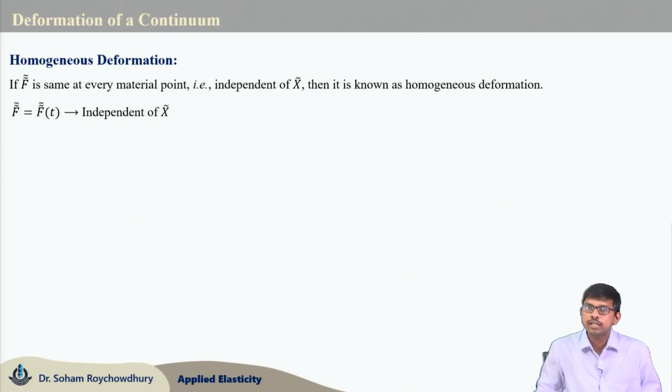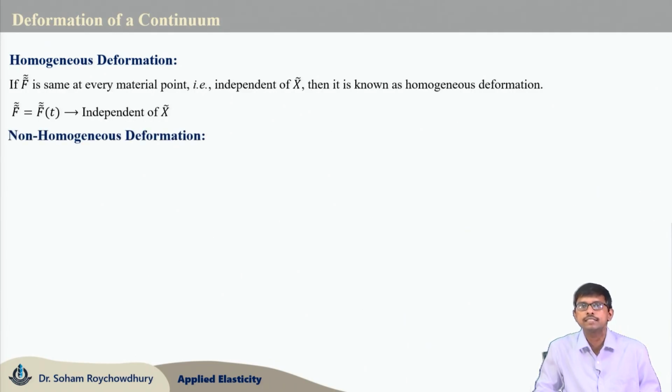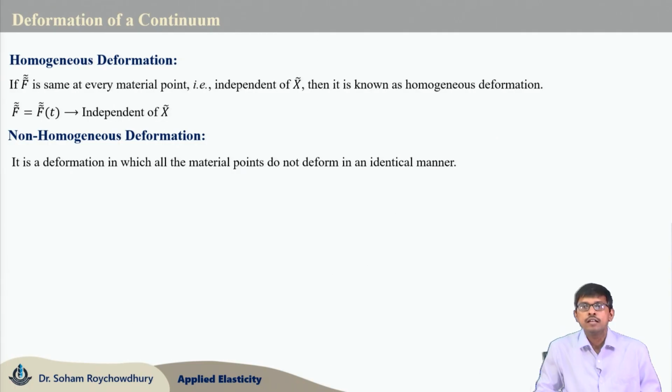For all the material points, we have the same f, which only changes with time, independent of X. So, deformation is the same for all the material points, whereas for the case of non-homogeneous deformation, f is a function of both capital X, the material point coordinate, as well as time. In this case, all the material points do not deform in the identical manner.